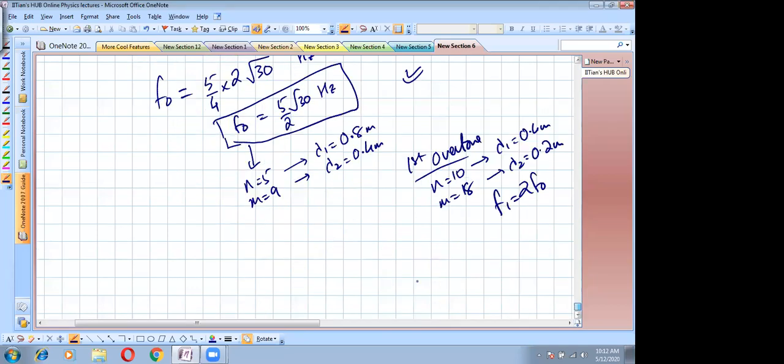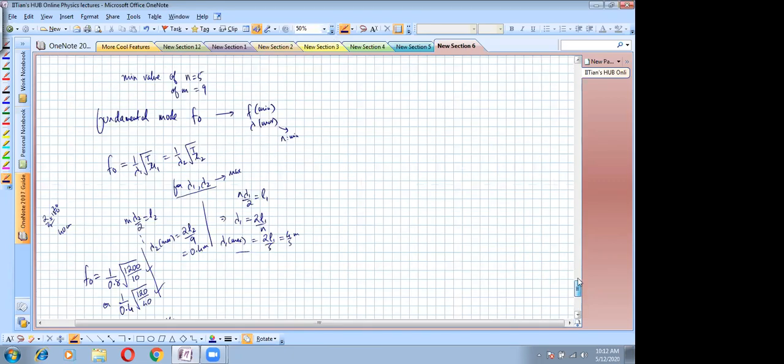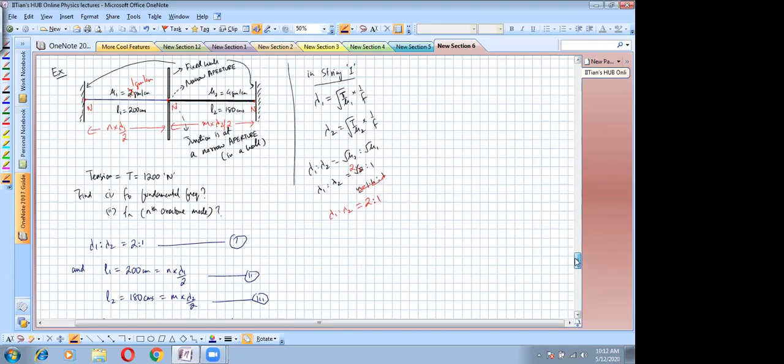And like that, the frequency of the nth overtone will become the n plus 1th harmonic of the fundamental. So this is the concept that you have to understand here.